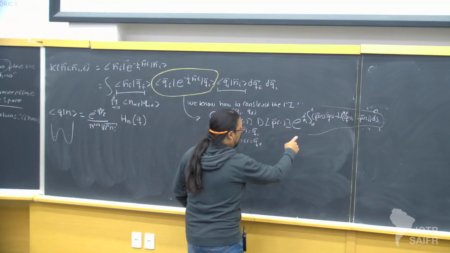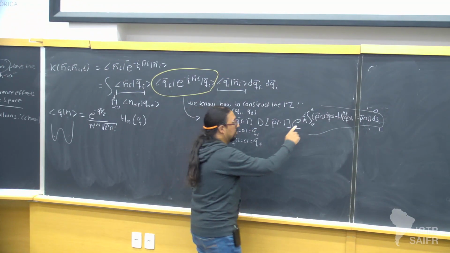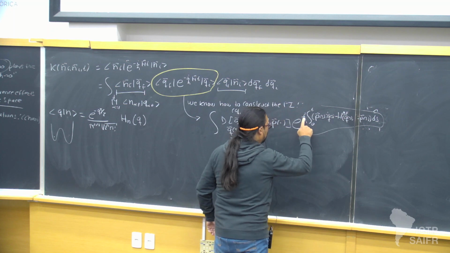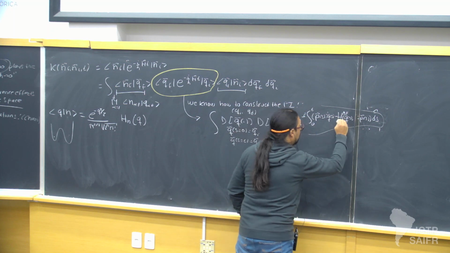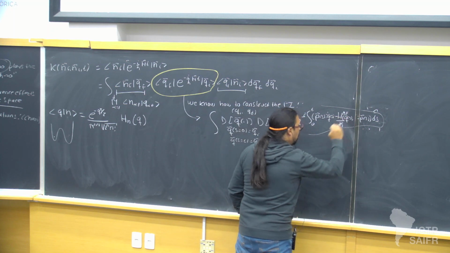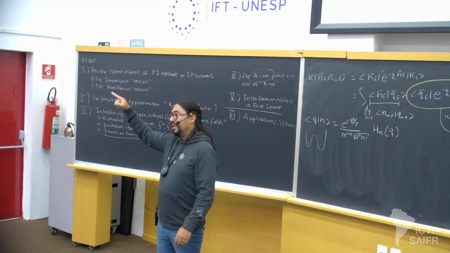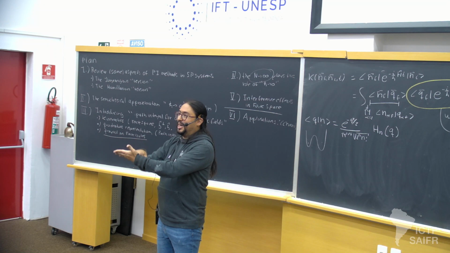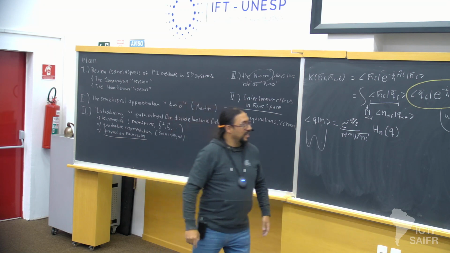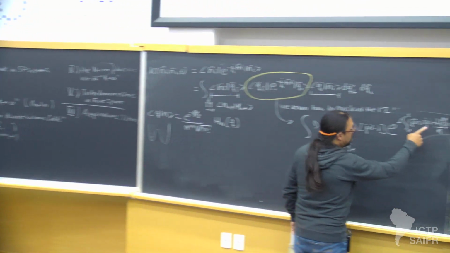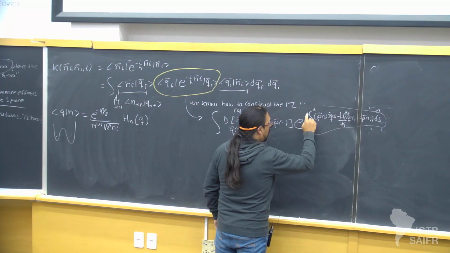No, H bar is here. Okay, great, thank you. Very important. There is an H bar because the time evolution operator has an H bar, but it only hits the Hamiltonian, while this part doesn't know about it.